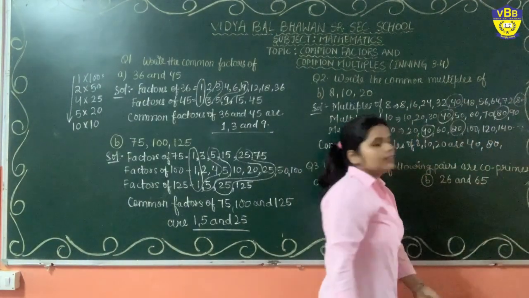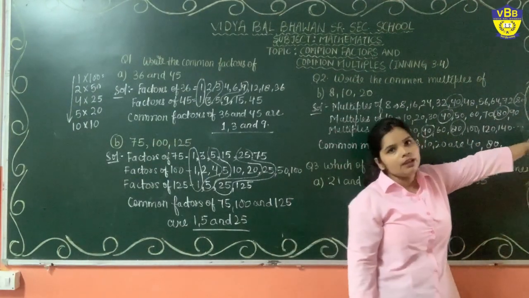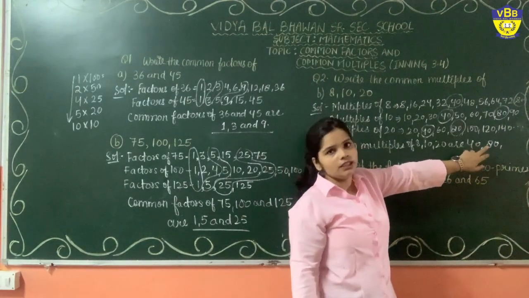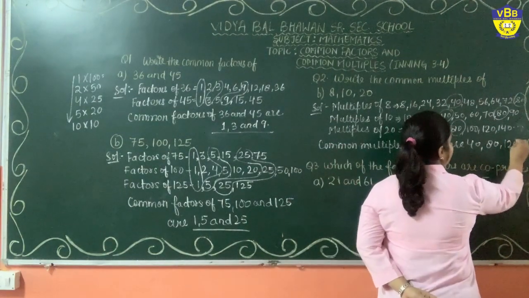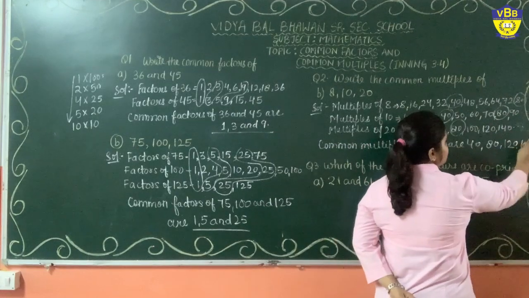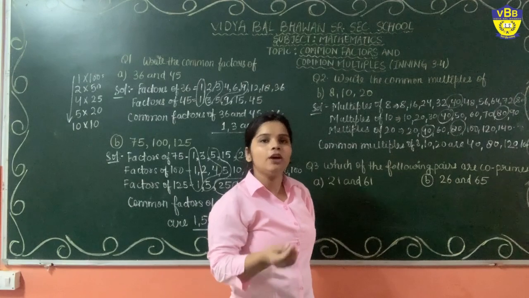Third one, if you want, you can write no table, or you can directly say 40 ones are 40, 40 twos are 80, 40 threes are 120. If it asks for more multiples, it will be 160 and so on. This is how we find the common multiples.